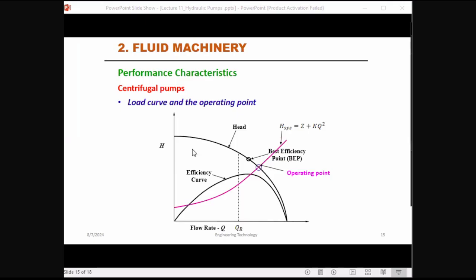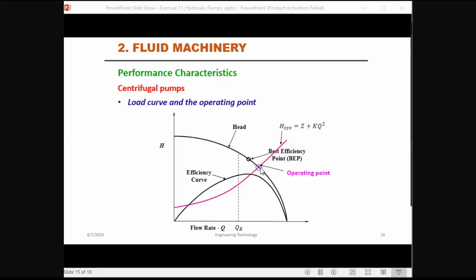Then this graph is given by the pump supply: the efficiency curve graph and head. This load characteristic graph is given by the pump supply. Then we need to draw this purple one on the graph. After that, you can identify this crossing area.